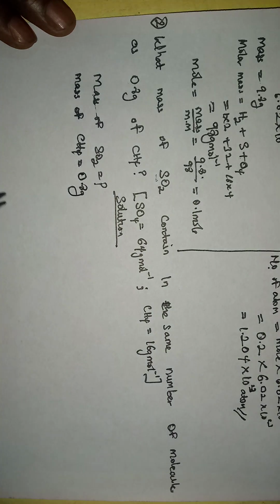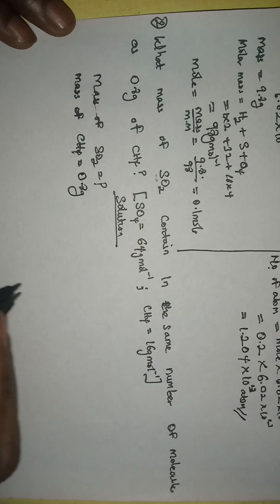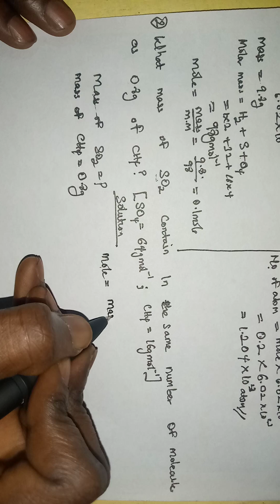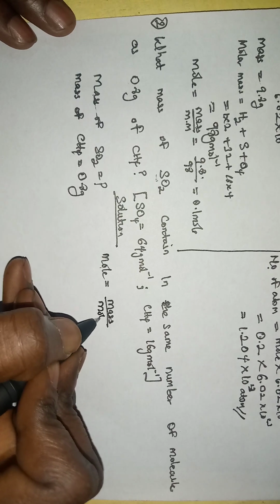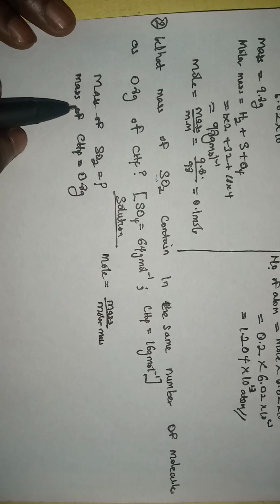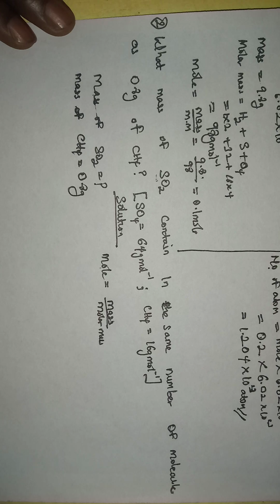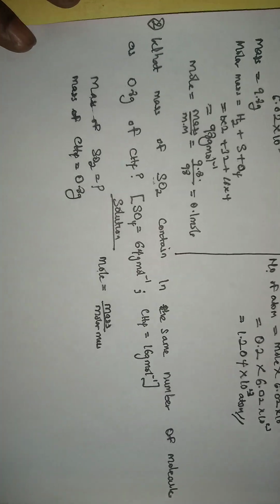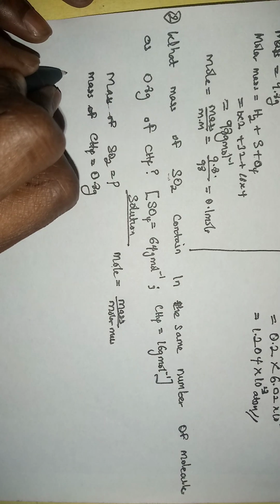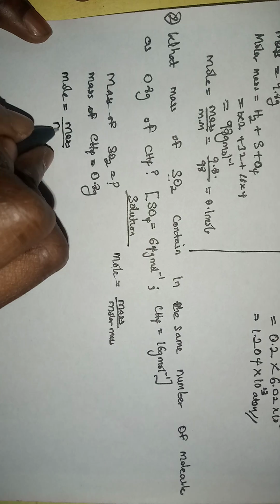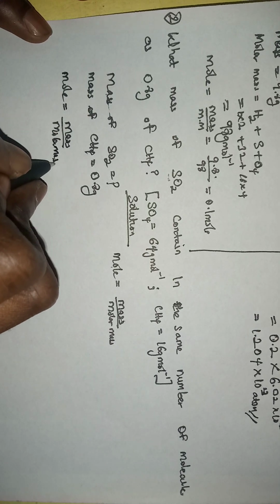And remember, for you to calculate the mass, you need to know this formula, which is mole equal to mass upon the molar mass. We are going to be using the mole of CH4 that we get here to calculate the mass of the SO2. So mole is equal to mass upon molar mass.